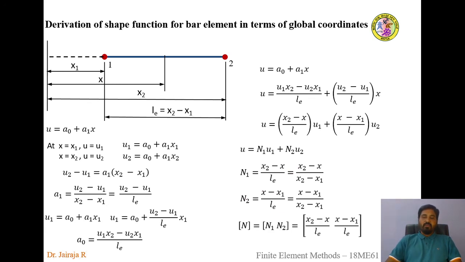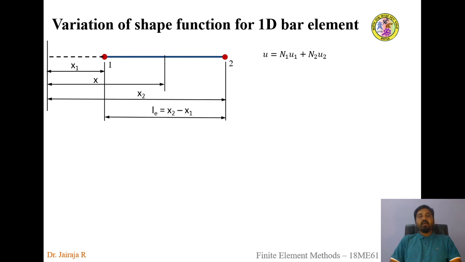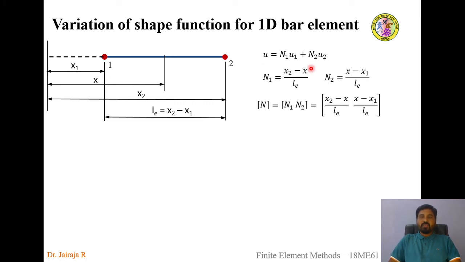Now we are going to capture the variation of shape function for the 1D bar element, and we know this equation: u is equal to N1 u1 plus N2 u2, where N1 and N2 are the shape functions, and u1 and u2 are the displacements at node 1 and node 2.